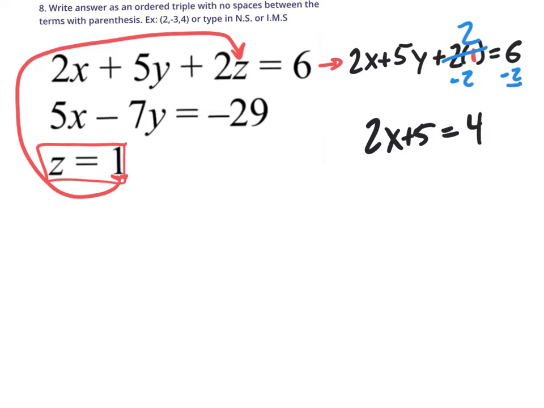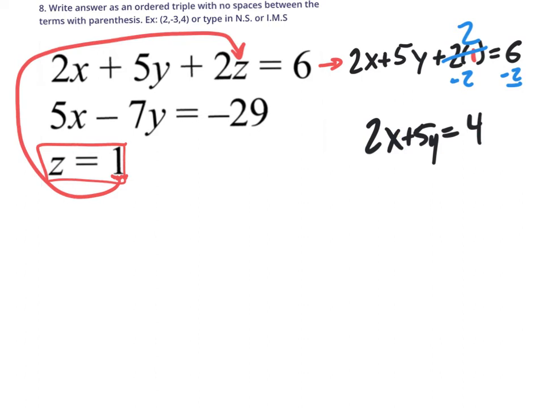That top equation, instead of 2x plus 5y plus 2z equals 6, is now just 2x plus 5y equals 4 after moving it over to the other side. And this is an equation with just an x and a y. Now, where did we get this from? We got this from the bottom equation and using the top equation.